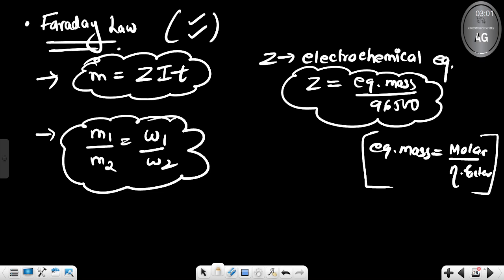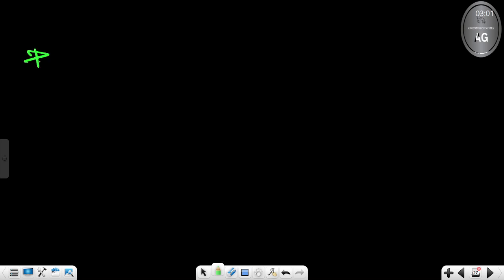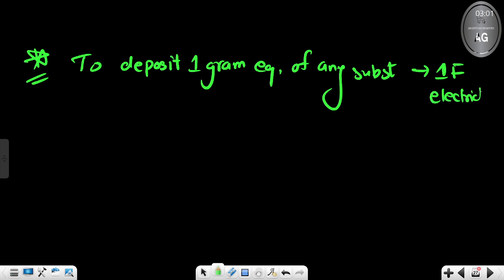But two more things I will tell you, that I will tell you on the next page. And please note down, very very important, because this will help you in MCQ solving. To deposit 1 gram equivalent of any substance, 1 Faraday of electricity is required.